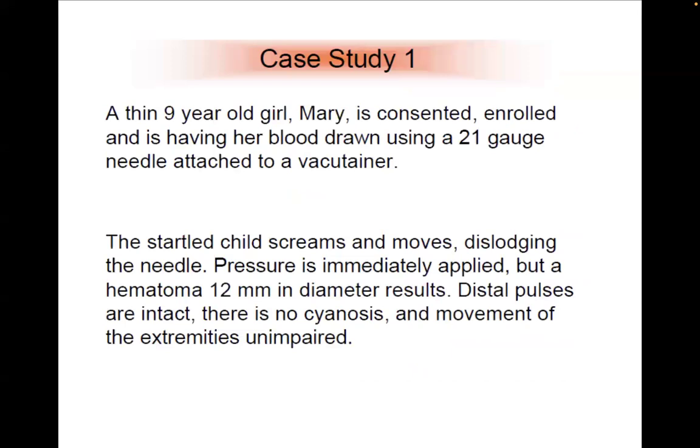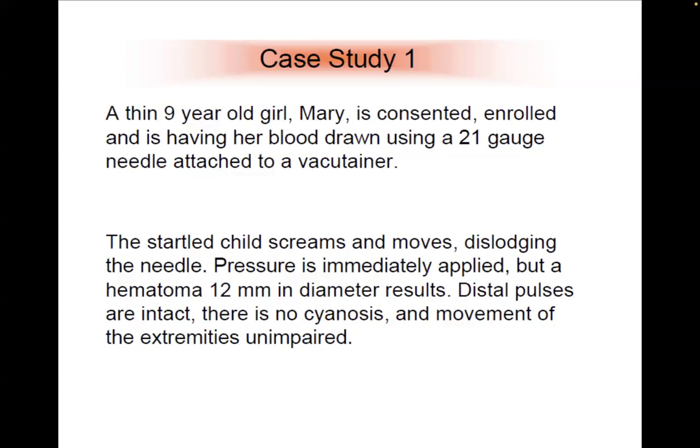So now let's look into one of the case studies here. A thin 9-year-old girl, Mary, is consented and enrolled and is having blood drawn using a 21 gauge needle attached to a vacuum. The startled child screams and moves, dislodging the needle, and pressure is immediately applied, but a hematoma 1/2 inch in diameter results.